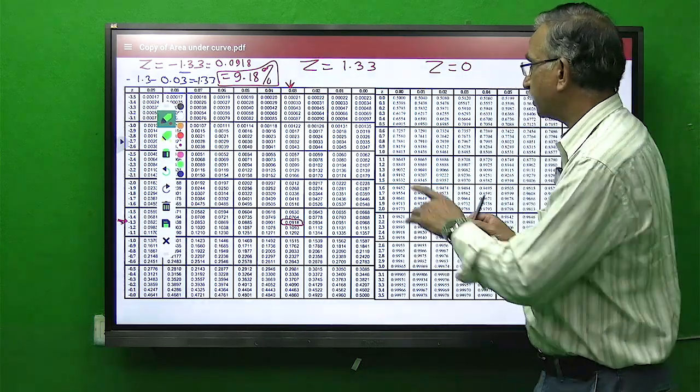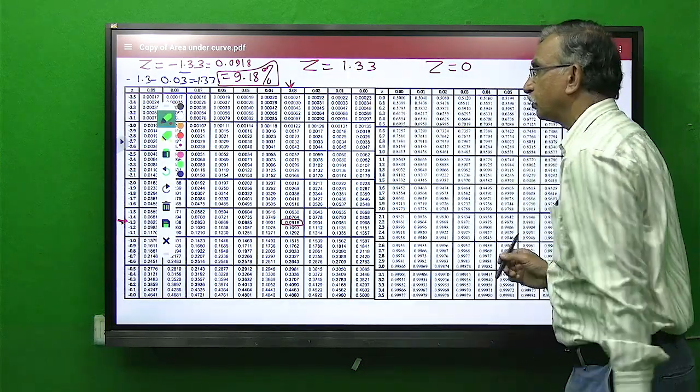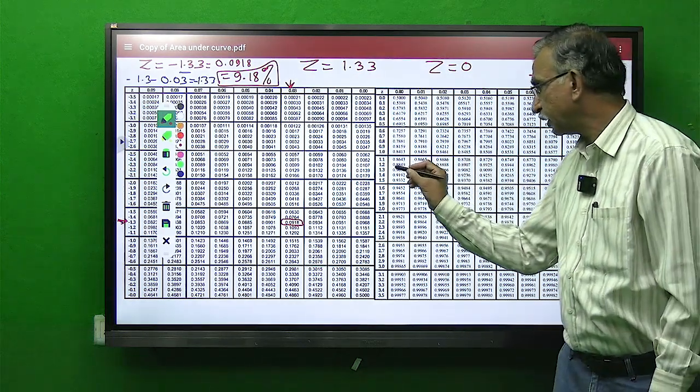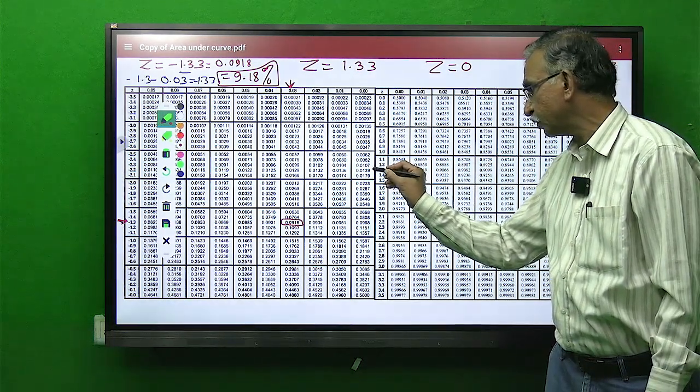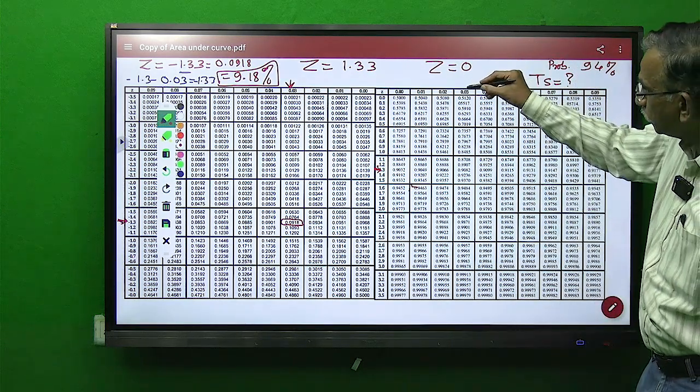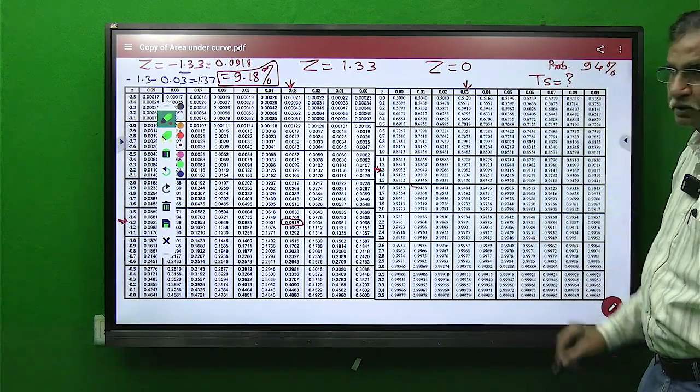Similarly, now let's see for z equal to 1.33. Now for that again I have to select this particular row 1.3. This is the column of 0.03.